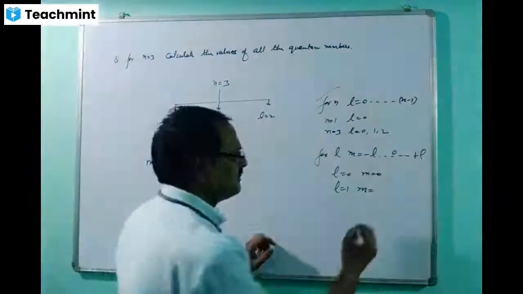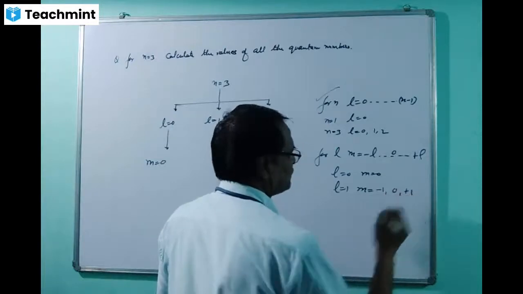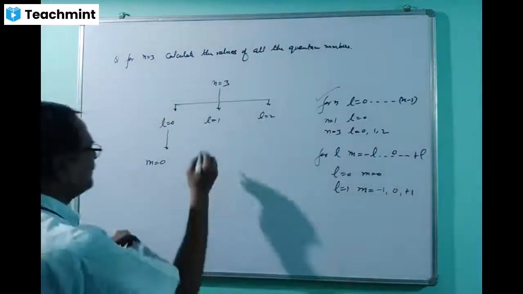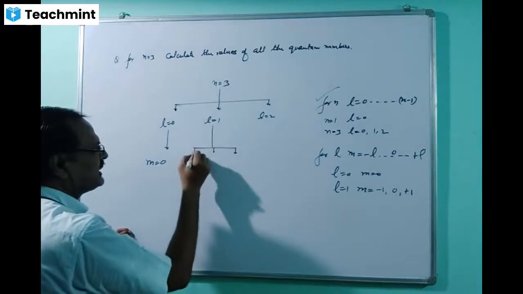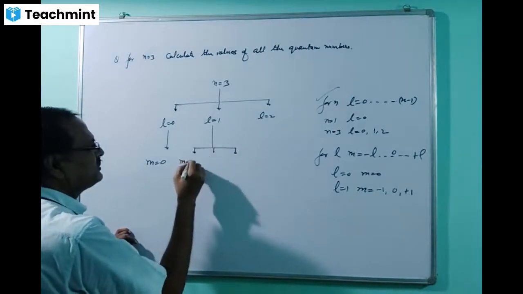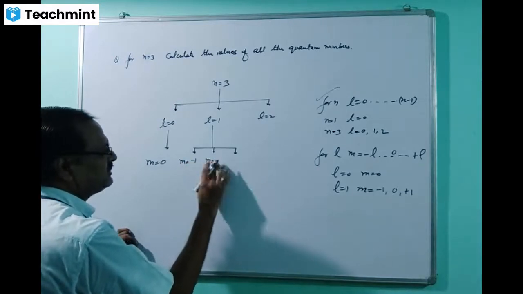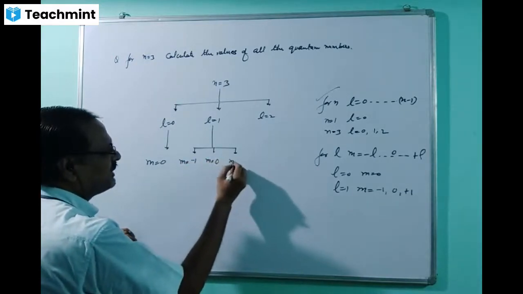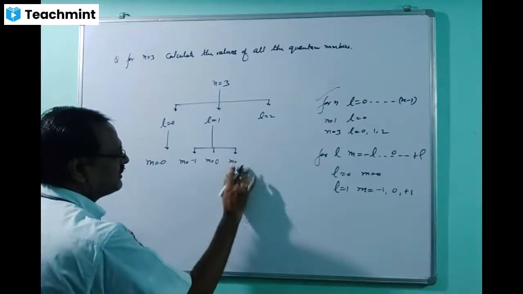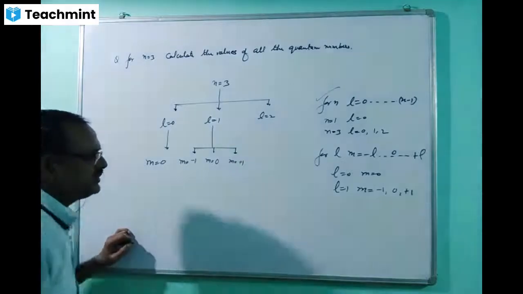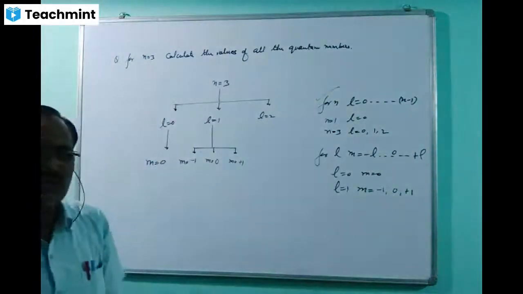Minus 1, 0, plus 1. So here you are getting 3 values. For l is equal to 1, m is equal to minus 1, 0, plus 1.